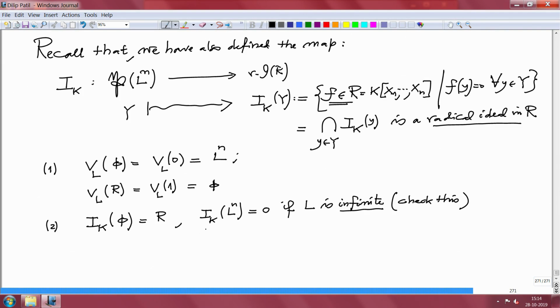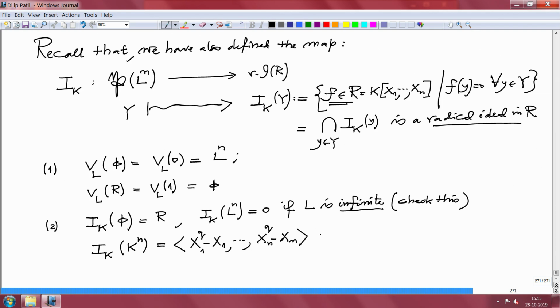So I should tell you what happens when it is finite. On the other hand, for example, what is I_K of K^n? K^n is also a subset of L^n. So this is equal to the ideal generated by x1^q minus x1, ..., xn^q minus xn.